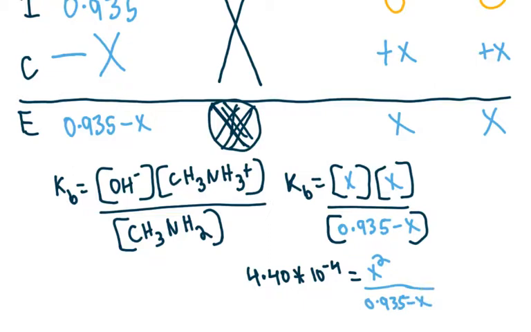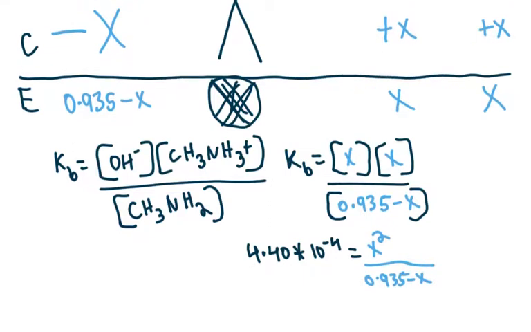minus x. All right, now we have to assume one thing, because if we wanted, we could solve for x, but using a quadratic equation, and it would take too long. To make our lives easier, we can just assume x to be a much, much smaller value than 0.935.